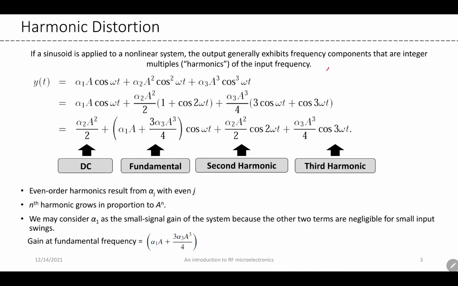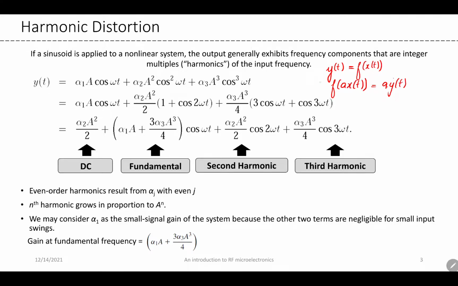If I have a function y of t that is a function of x of t, this system is linear as long as f of a times x of t is a times y of t.